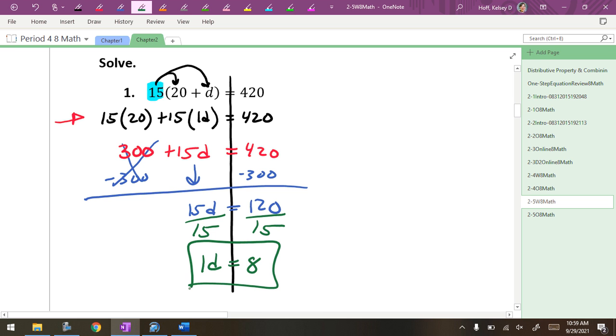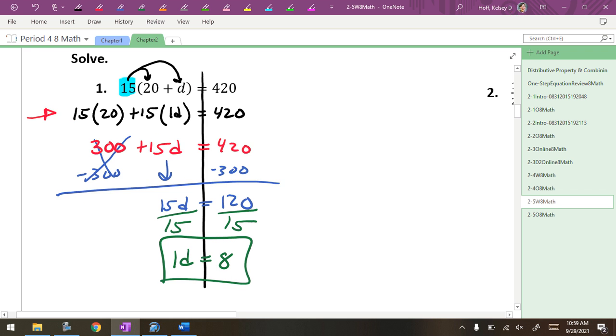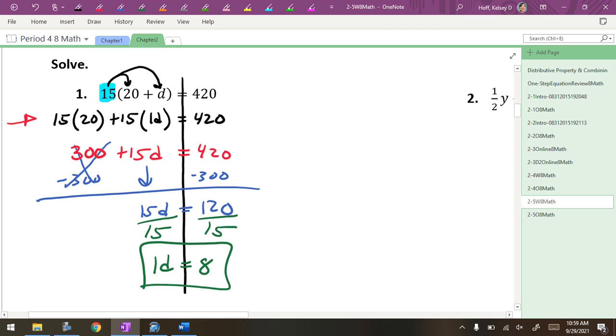You know you can check your work on every single problem? How? Plug it in. Go back to the original and plug in 8 for d. So if I put 15 parentheses 20 plus 8, I'm really hoping that this multiplies out or combines to be 420. Order of operations, what should I do first?